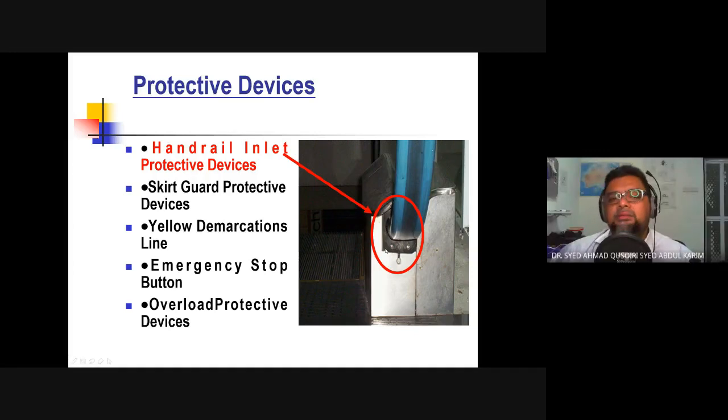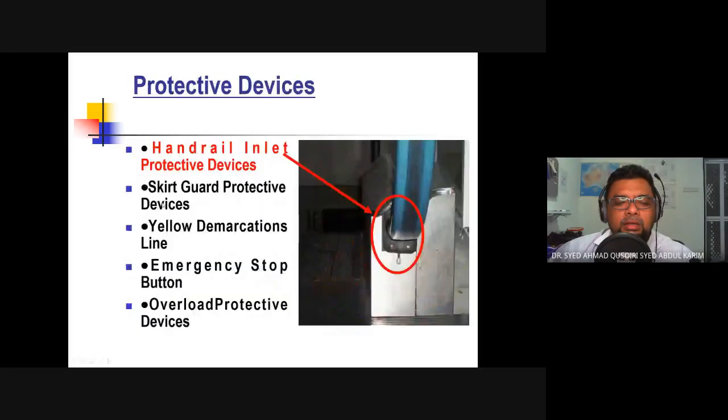So this device would eject their hands and basically prevent them from getting sucked into the inner workings of the escalators.